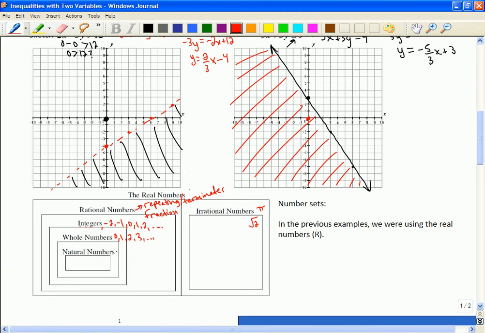And the natural numbers are 1, 2, 3, and on and on. Altogether, we call that the real numbers. So all of those numbers fit within the reals, and there's some really good abbreviations if you're using these in your word problems. The real numbers has a big capital R like that.